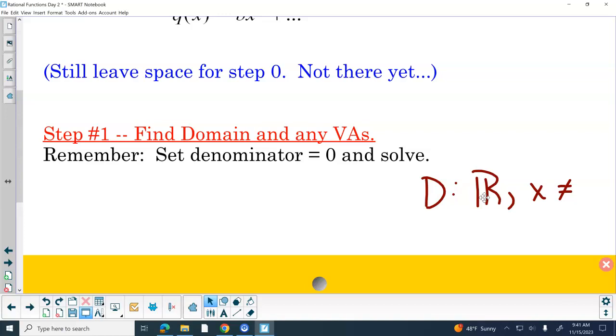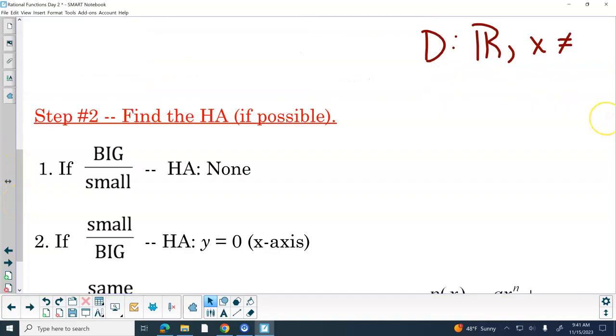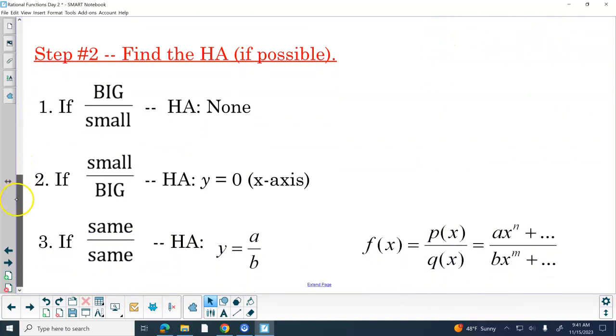Okay? We have a space reserved for step number 1. Then, right below that, now we're going to go step number 2. And step number 2 is going to say we need to find the horizontal asymptotes if possible. Okay? So your choices are, remember, you're looking at degrees here. If it's big over small, it's a none.